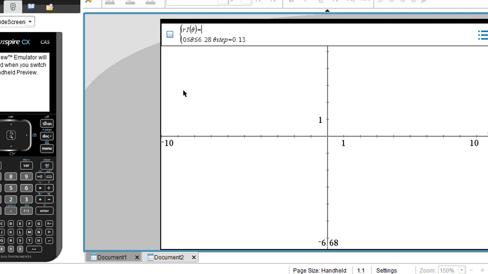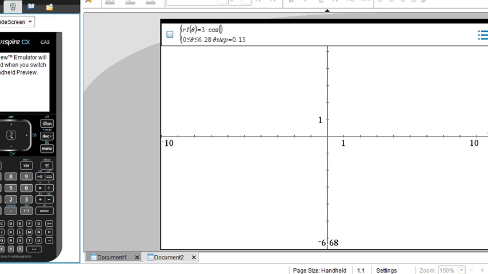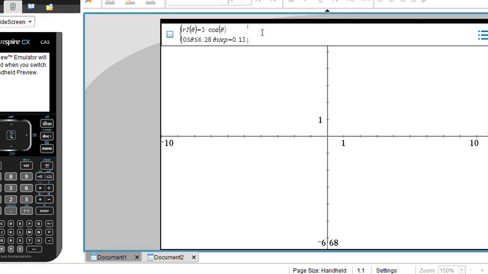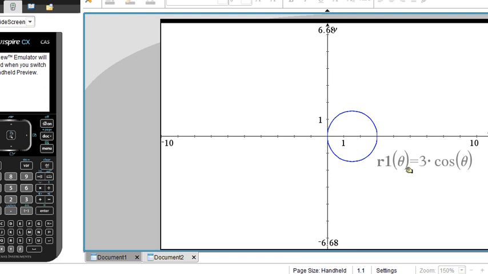You can graph things. So what if I choose to graph r is 3 times cosine theta, and I gotta do some work to get a theta. What if I graph that? I can get a graph of what r equals 3 cosine theta looks like.